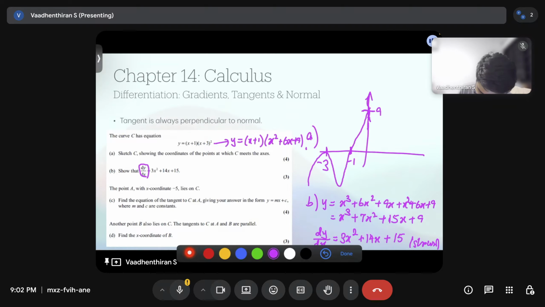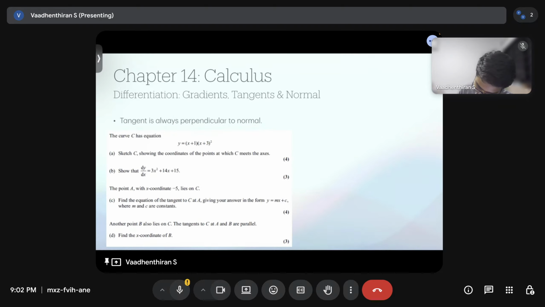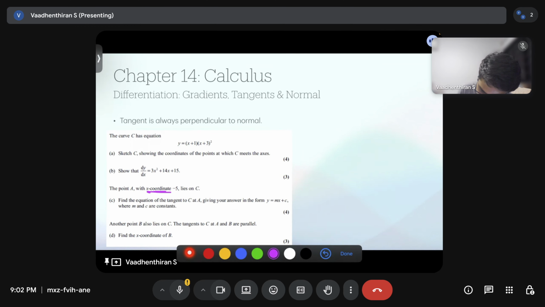So then part C. The point A with x coordinate -5 lies on C. Find the equation of the tangent to C at A, giving your answer in y equals mx plus c form. So the point A has x coordinate -5.